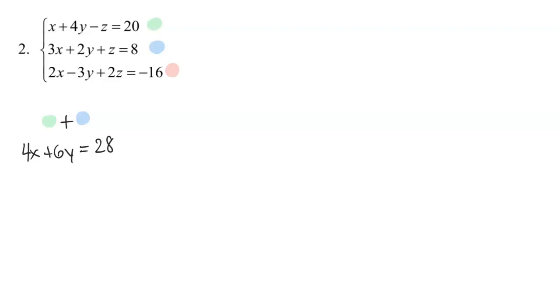Now, for the second time to eliminate z, we're going to have to multiply one of our equations by a constant in order to get this to work. It's probably easiest to take this negative z and multiply it by 2 in order to cancel out with this z. That would be the green and the red equation that I'm going to work with. I'm going to multiply 2 by my green equation. My green equation is x plus 4y minus z is equal to 20.